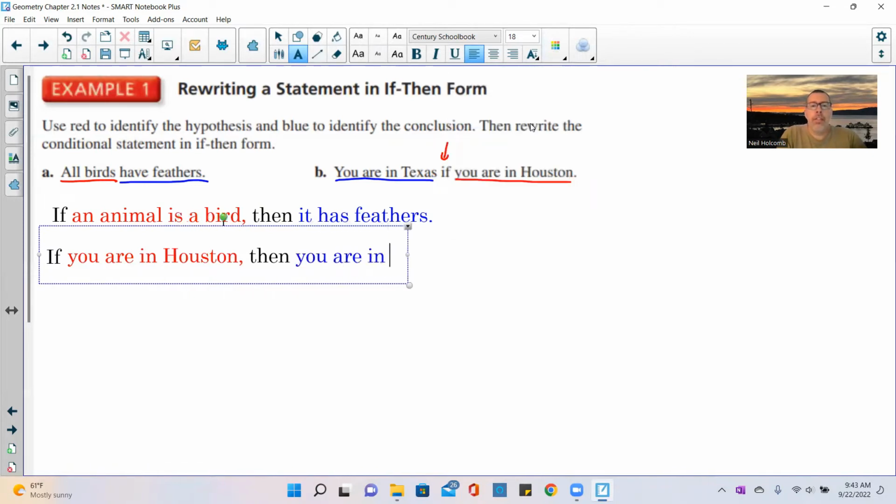You are in Texas. So if you are in Houston, then you are in Texas would be an if-then statement of you are in Texas if you are in Houston. And you are in Houston is the hypothesis, and you are in Texas is the conclusion.